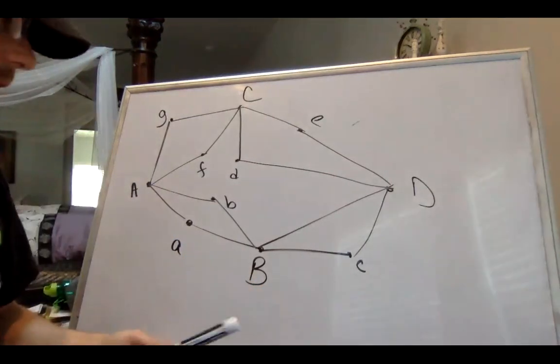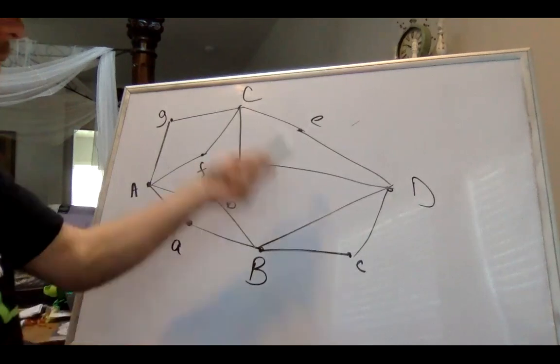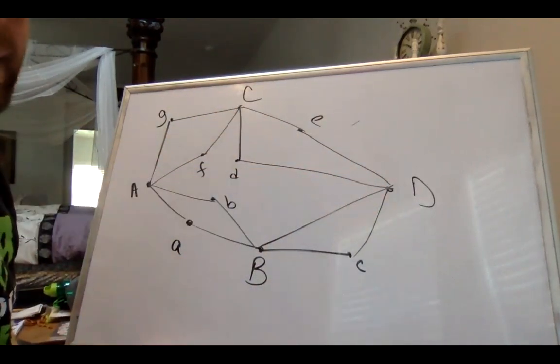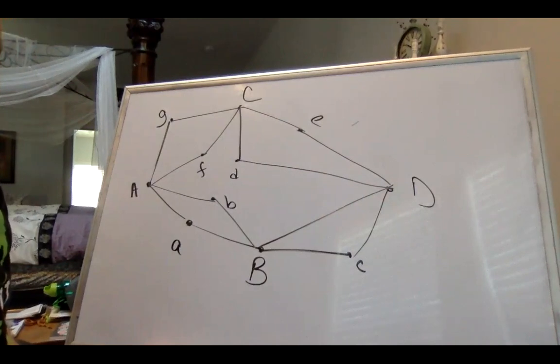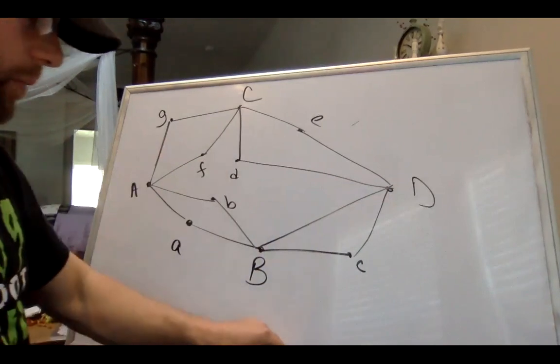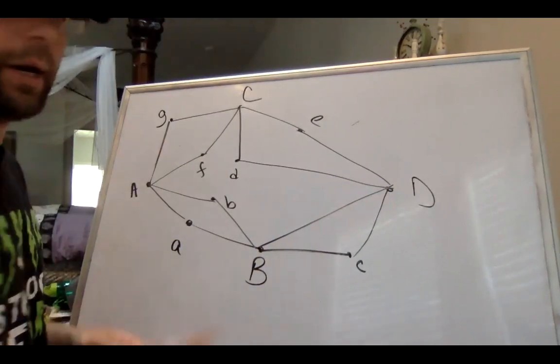So the cool thing is, if a graph has an Euler circuit, which means if a graph has all vertices of even degree, it doesn't matter where you start and where you end, because you're going to cover all the edges exactly once. So here's the algorithm.